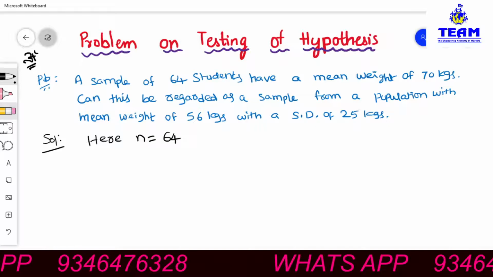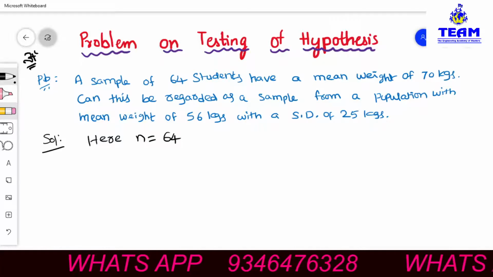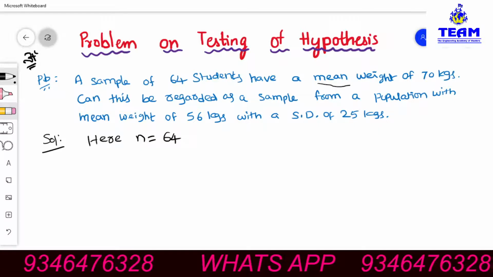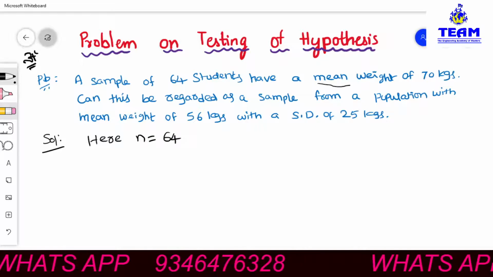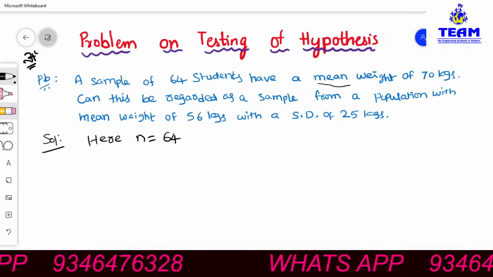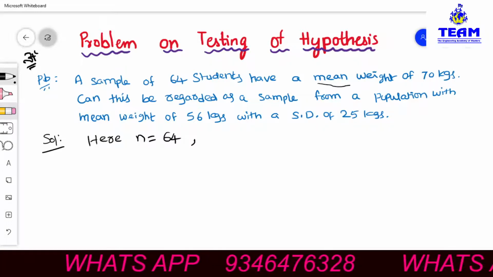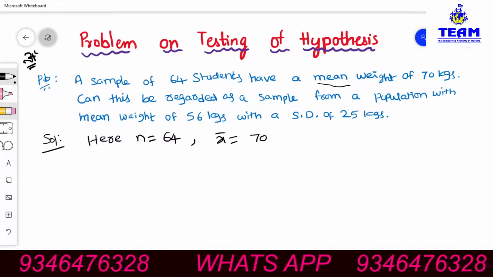Why? Because observe here, mean weight indicates a one mean problem, since only one mean is given. Also n is equal to 64, and the sample mean, represented with x bar, is given as 70 kgs.